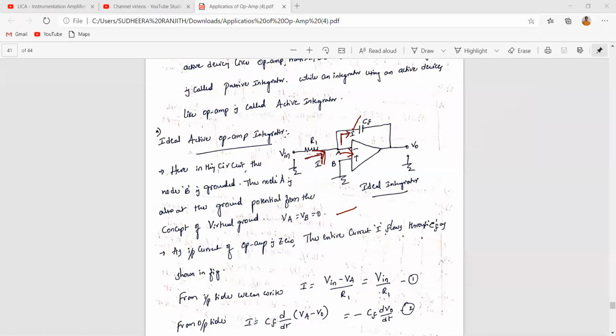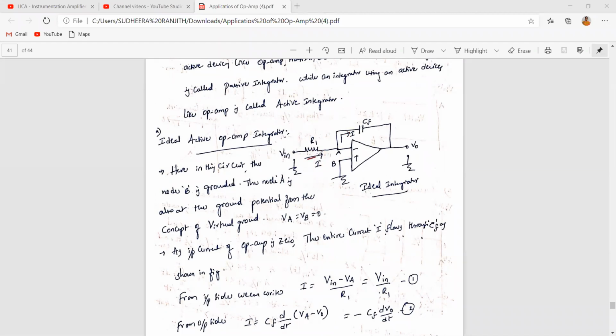It is the same as the current through R1. Are these currents equal or not? Equal, sir. Right.